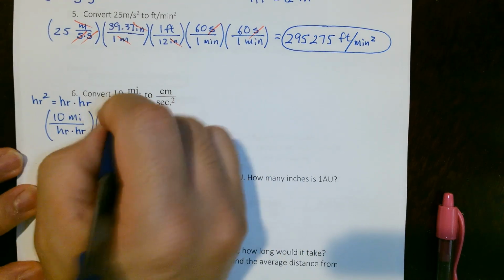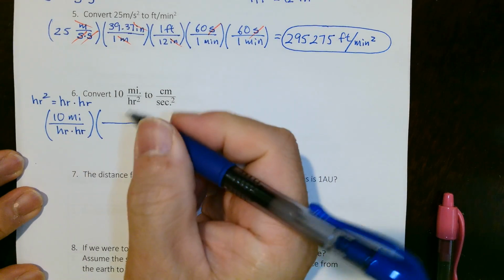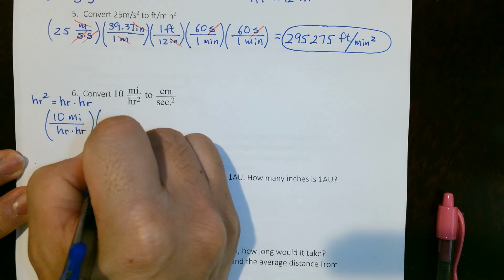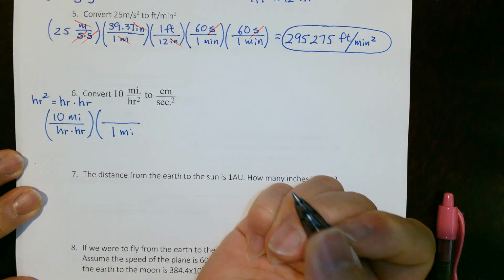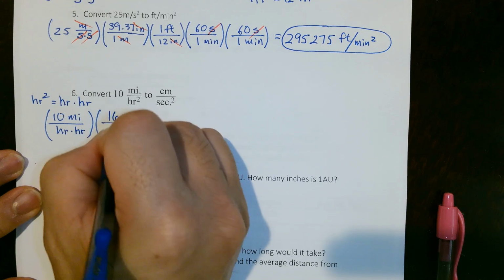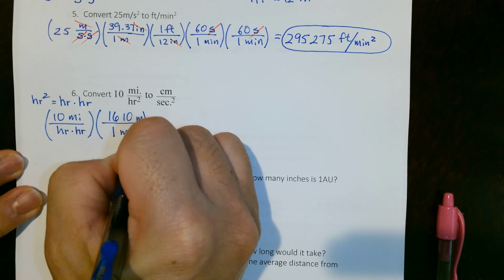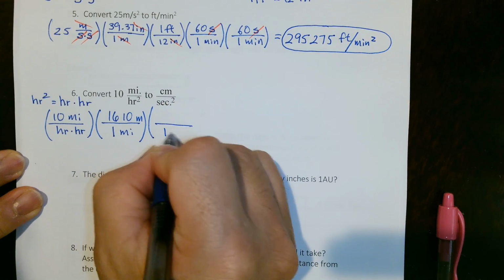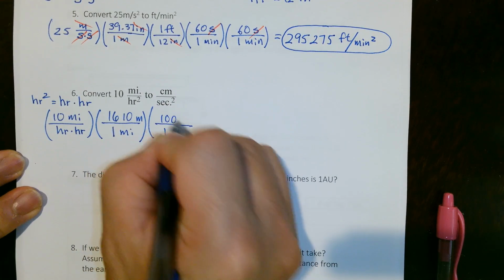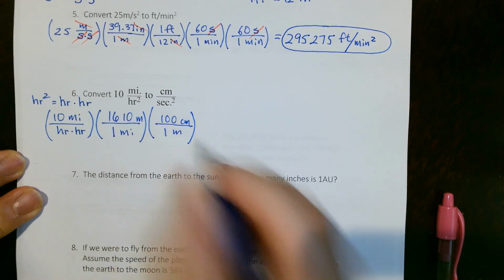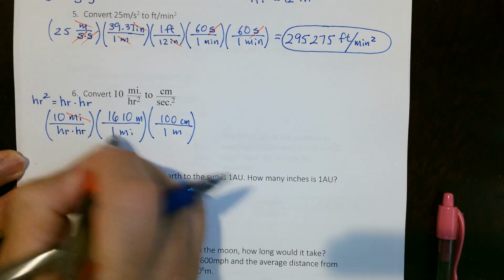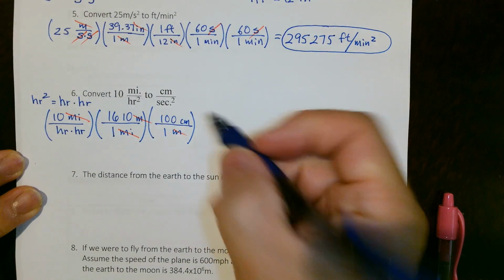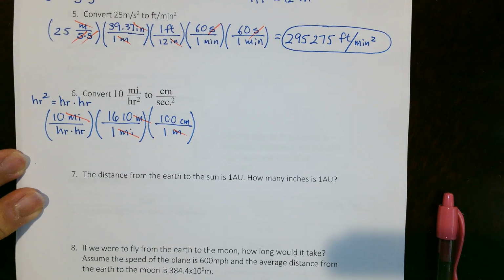If we convert the miles into meters first, in 1 mile there are 1,610 meters. And then in 1 meter, there are 100 centimeters. So here we have miles canceling out, meters canceling out, giving us centimeters.